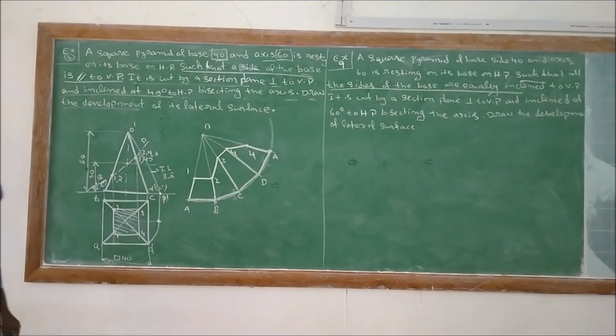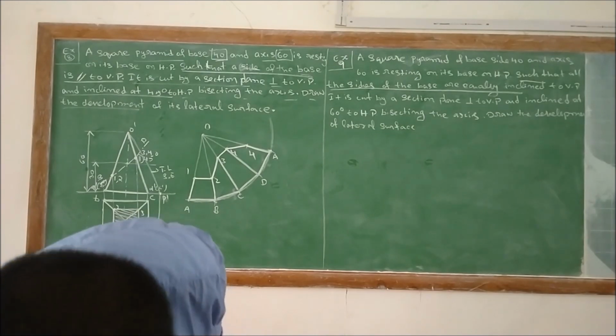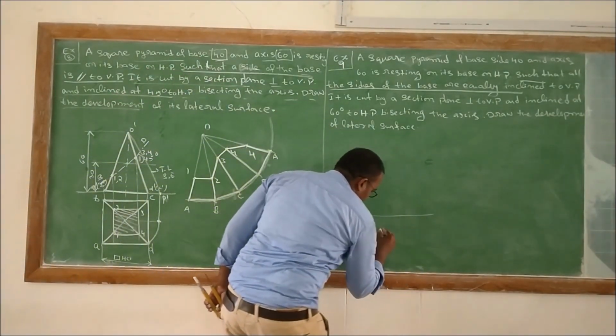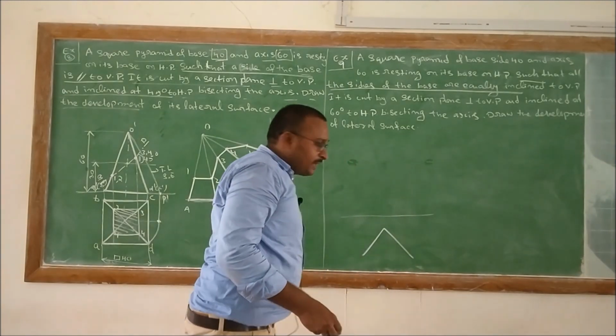And coming to the next problem, here the square is equally inclined to the square of base.